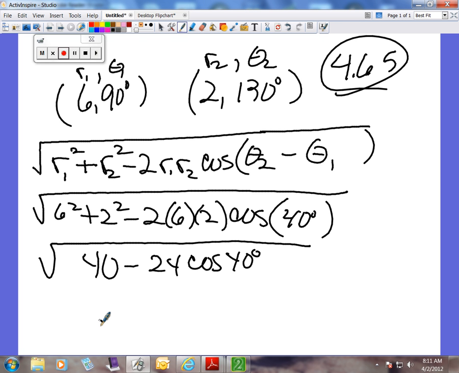See, this is like a negative 24, and this is a positive 40, isn't it? So it's the cosine of 40 times negative 24 plus 40, since it's a positive 40. Then you hit your square root button. You should get 4.65. How many got that again on your own? Does anybody else need another example? Do we need to do the other one? No? Are we okay?